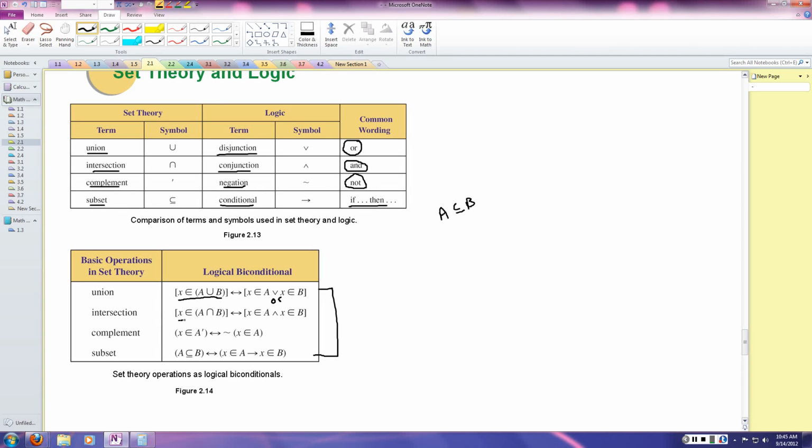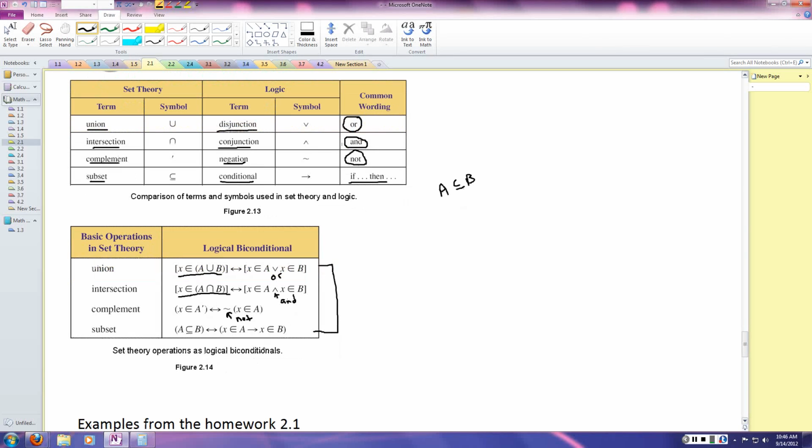Intersection, if X is an element of the intersection, it means that it's in A and it's in B. If I say X is an element of the complement set of A, this means the not here. So X is an element of the complement means X is not an element of A. And then the subset means if A is a subset of B, you can say if this happens, then X is an element of A implies X is an element of B.